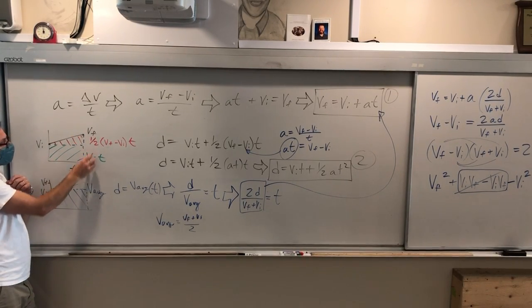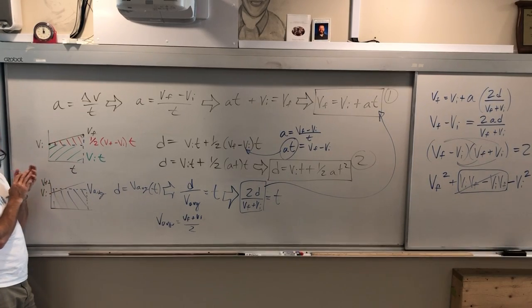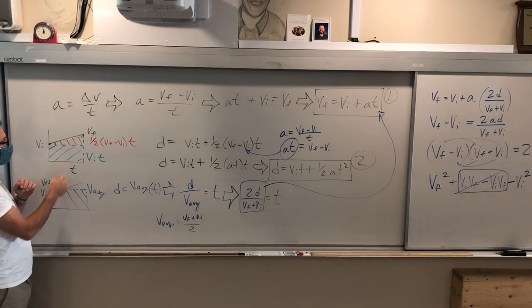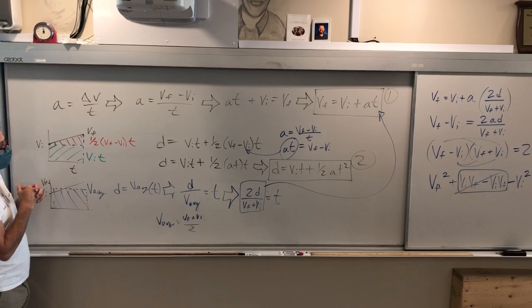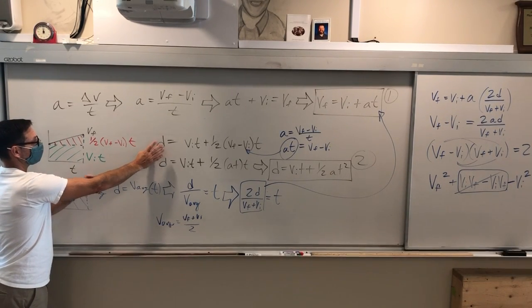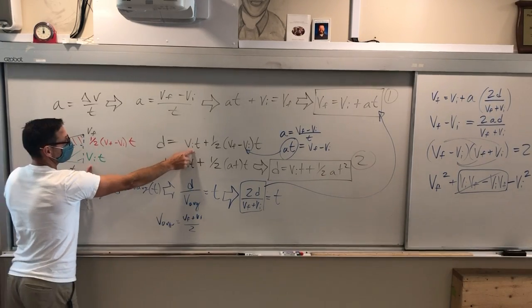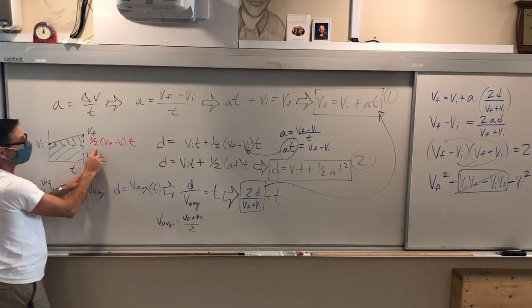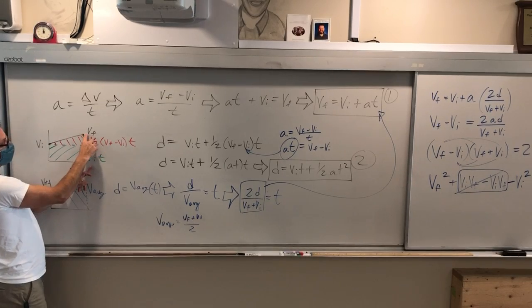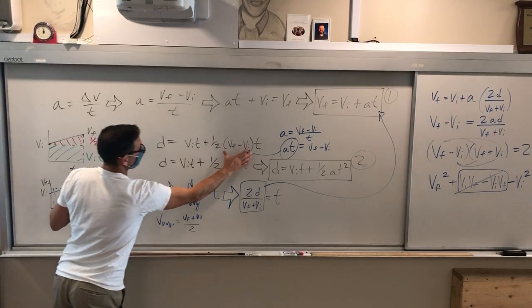If we add those two things together, we'll get the total distance covered. You can do this mathematically too, but I kind of like the visual way to do it. So I just wrote that out here. I said the total displacement is vi t, the bottom rectangle right here, and half vf minus vi times t. Half because it's a triangle, and we add that over here.